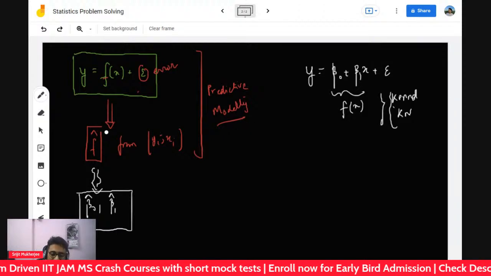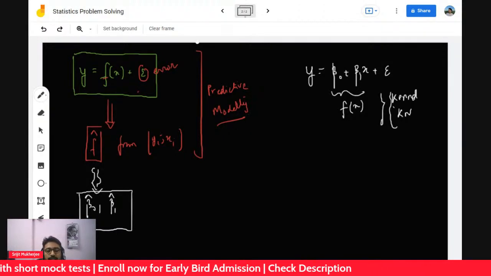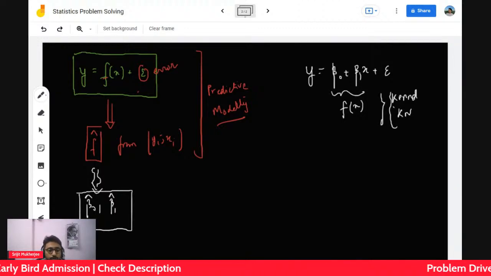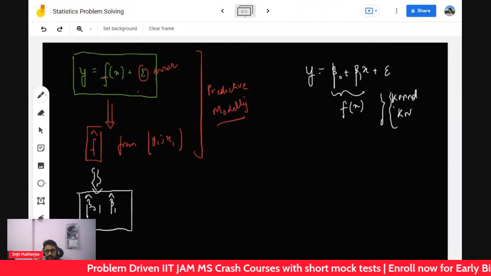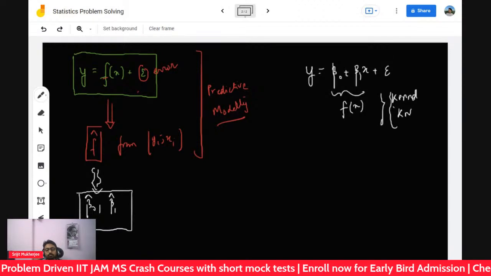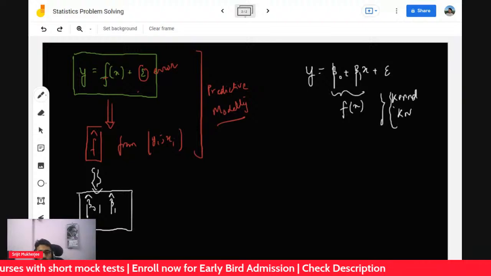So giving an estimate of f hat is the same here as giving an estimate of beta naught hat and beta 1 hat. Do you understand that, guys? Finding an estimate of f hat, in the linear case, is equivalent to finding beta naught hat and beta 1 hat. Do you understand this, or did you get confused?